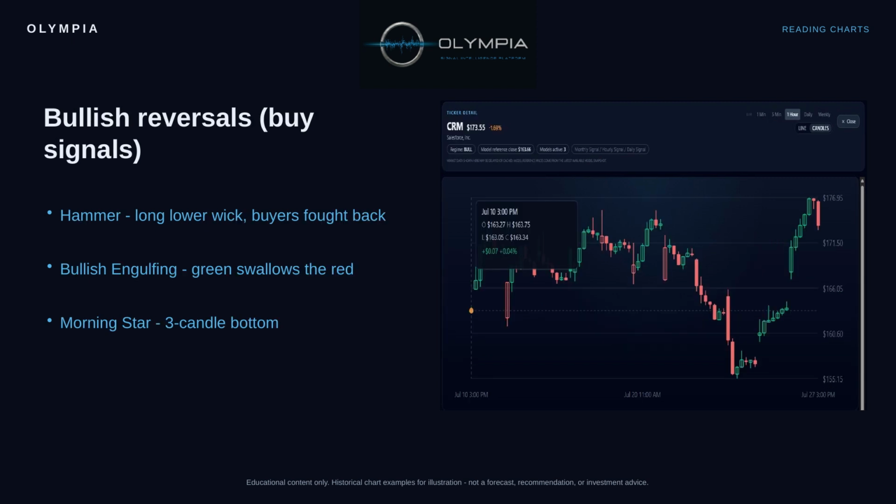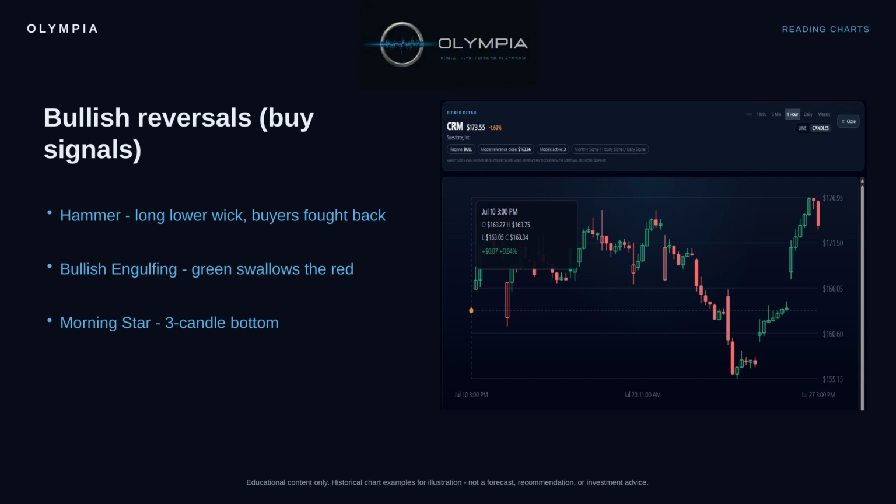Okay, now the patterns people actually care about, the ones that hint a trend is about to turn up. 3 to know. First, the hammer, a small body with a long lower wick, at least twice the size of the body. That long tail means sellers shoved price way down, and buyers came in and slammed it right back up.